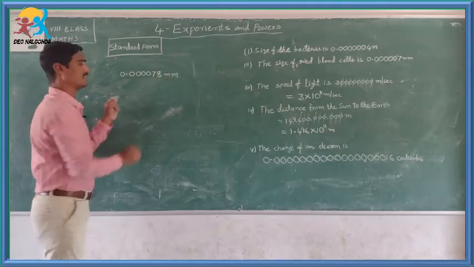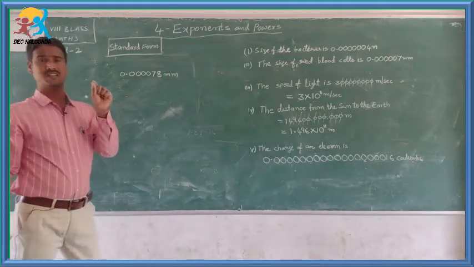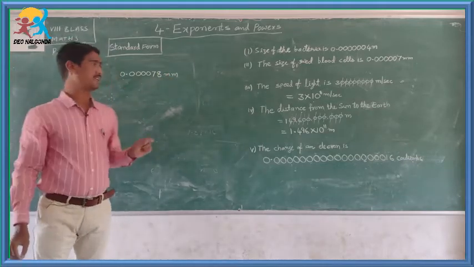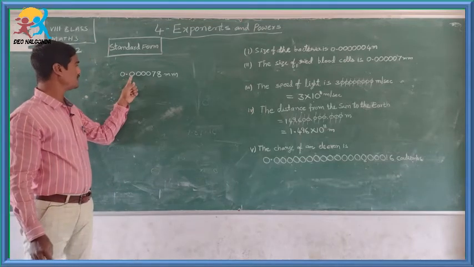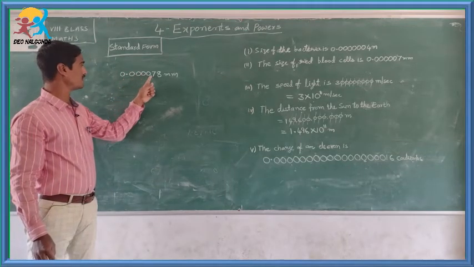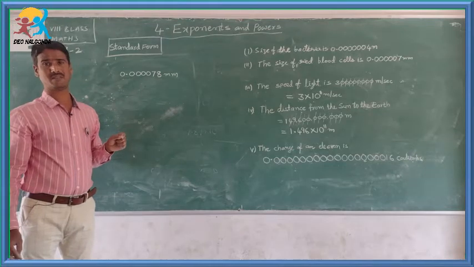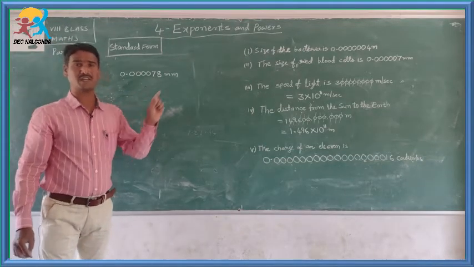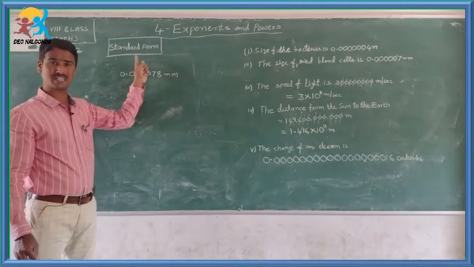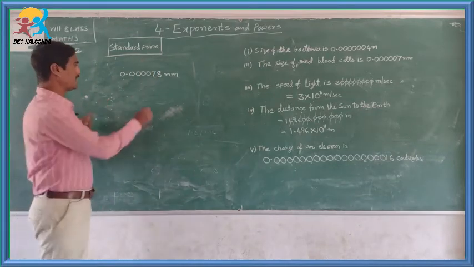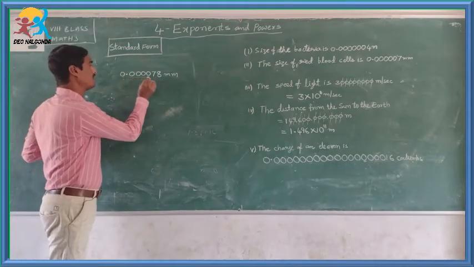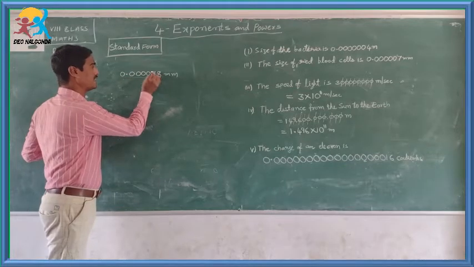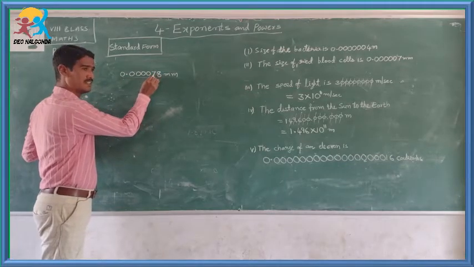Suppose I take the thickness of tiny paper as 0.00078 mm. Dear children, we know that when we write standard form, that means scientific notation, here the non-zero digits 7, 8 start from 7.